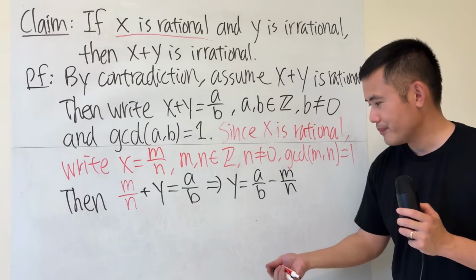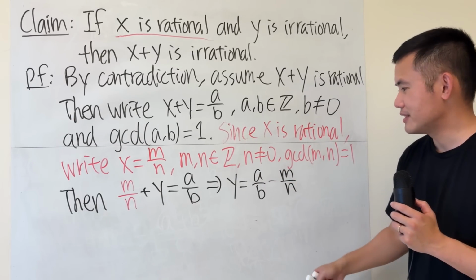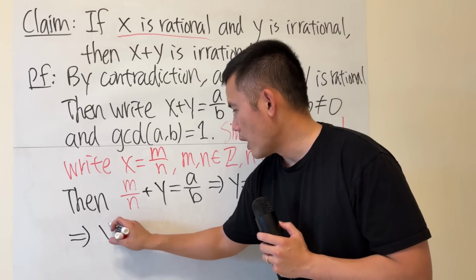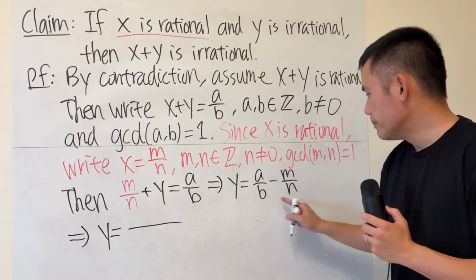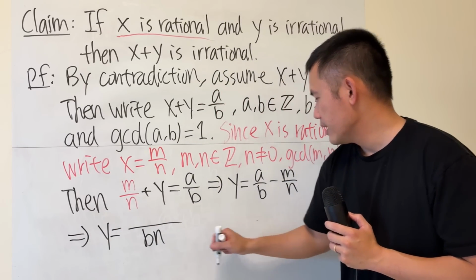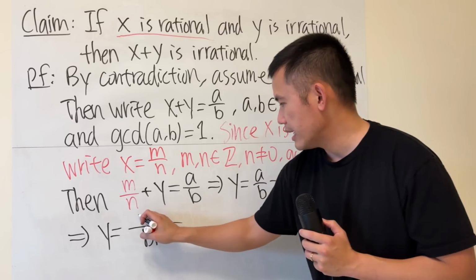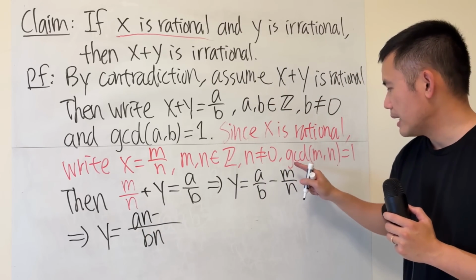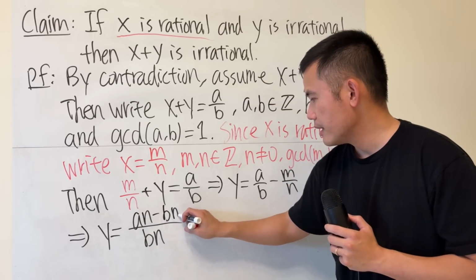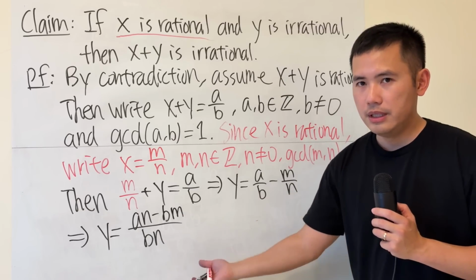What can we do right here? Well, let's just combine the fractions. So we see that y is equal to, get the common denominator, which is bn. Right here, multiply n and n, so that's an. And the minus, multiply b and b, so it's bm. So y is equal to this.